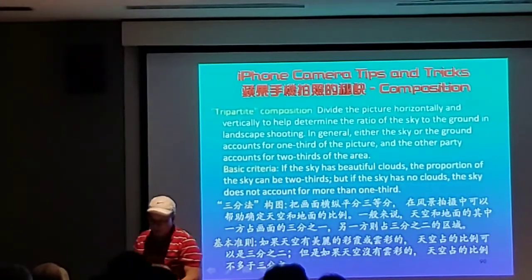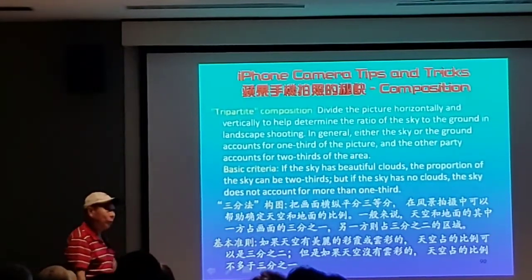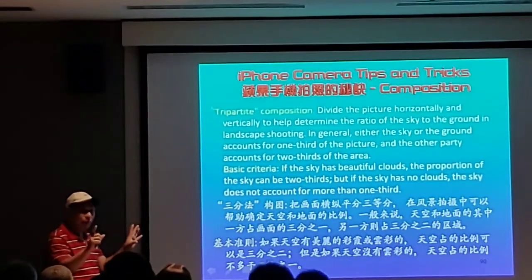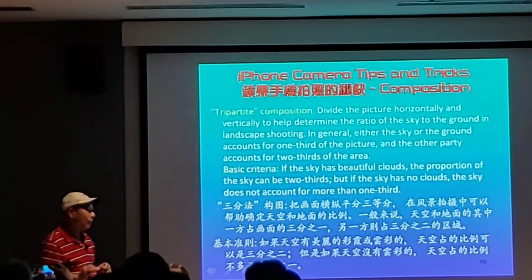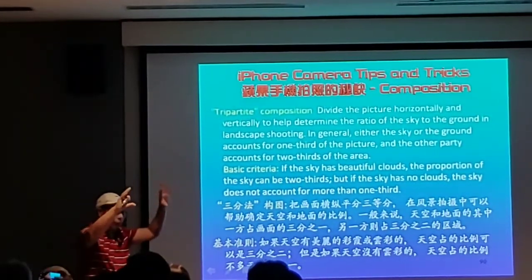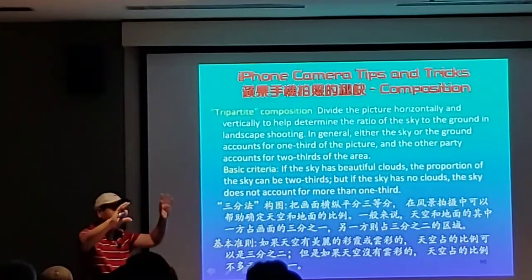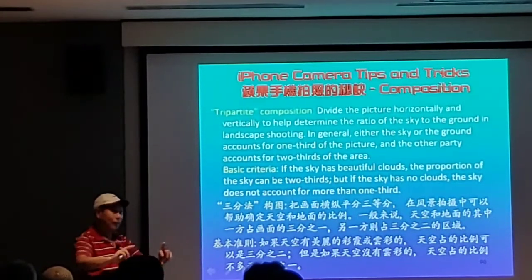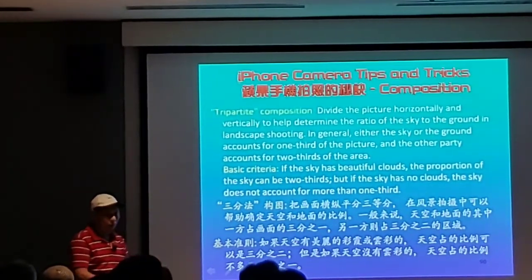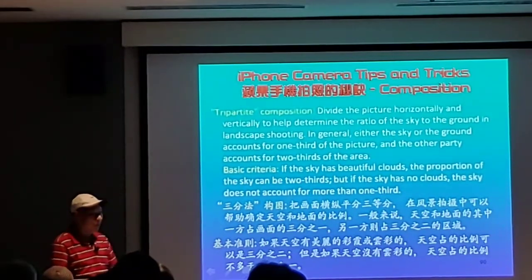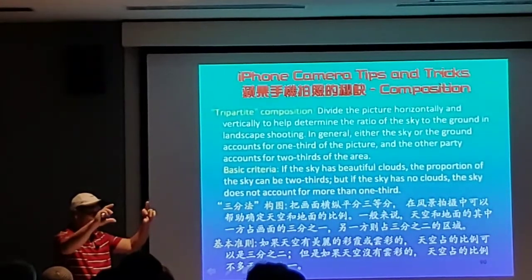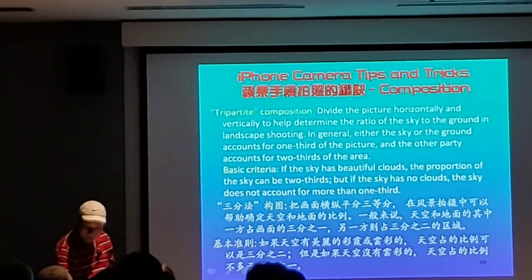The rule of thumb is that if you take a landscape picture and your sky has beautiful clouds, you can put one third or two thirds on the sky, and then the land is one third. But if your sky has no clouds, nothing, you always do one third with the sky.